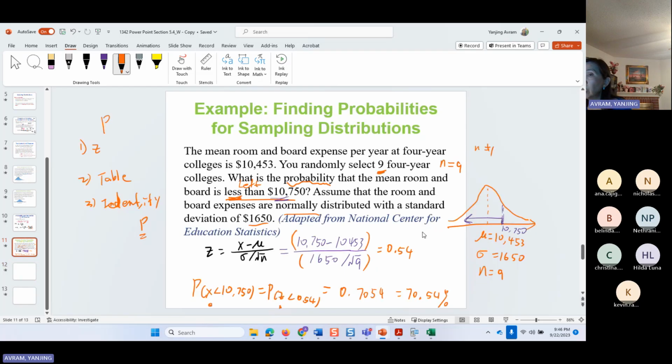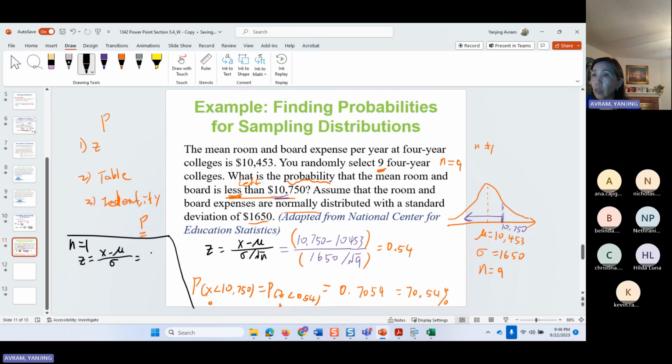Okay, I'm going to use the same question, but if I change n to 1, everything else is the same. What happens? Well, my z-score will be just x minus mu over sigma, if n equals 1 in here. So this will be 1,650.